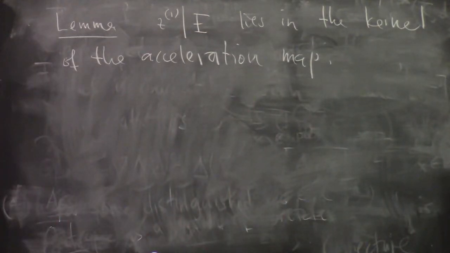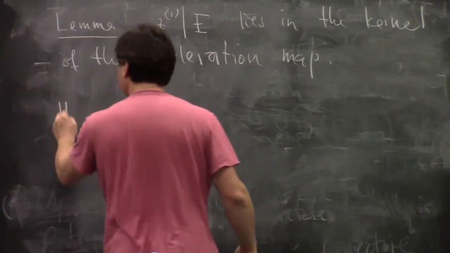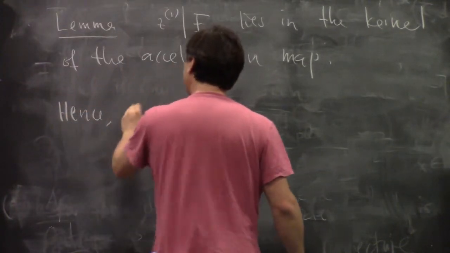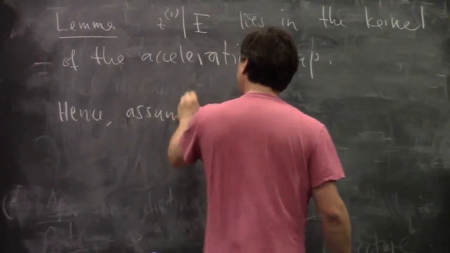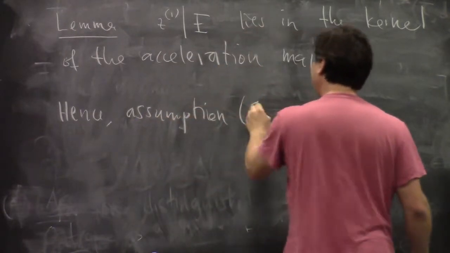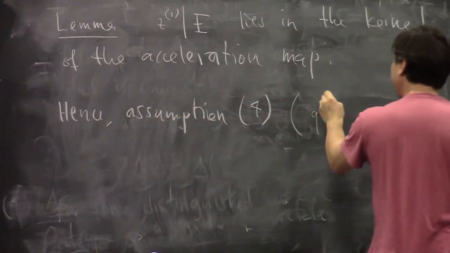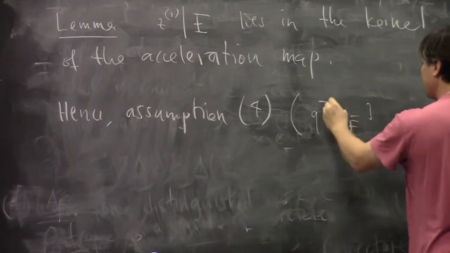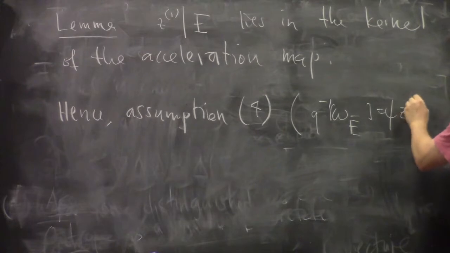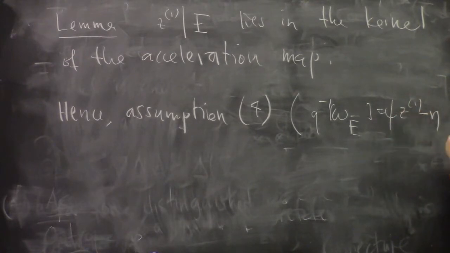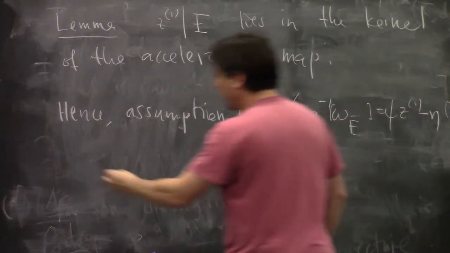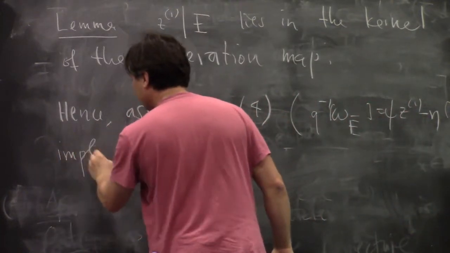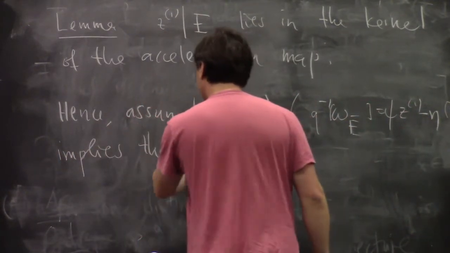So the consequence is that the original assumption 4, which was that you could write this guy here as psi times V1 minus eta times the fiber, implies the vanishing of this.